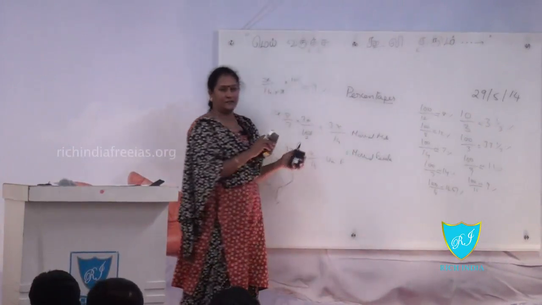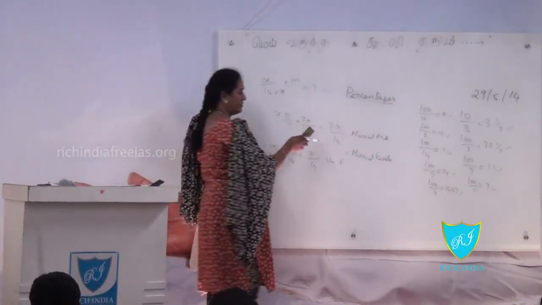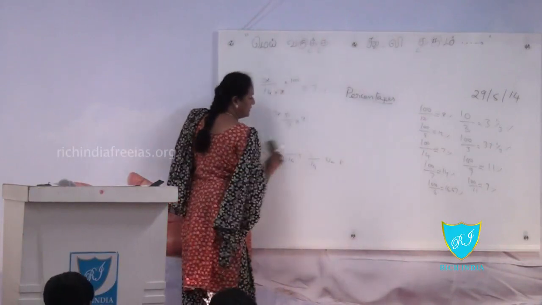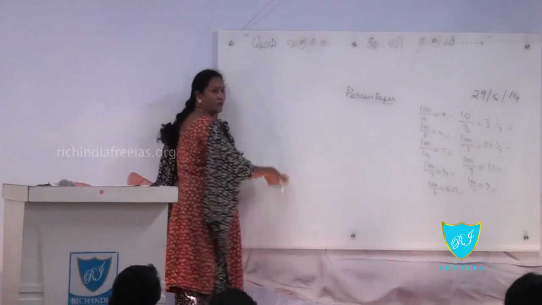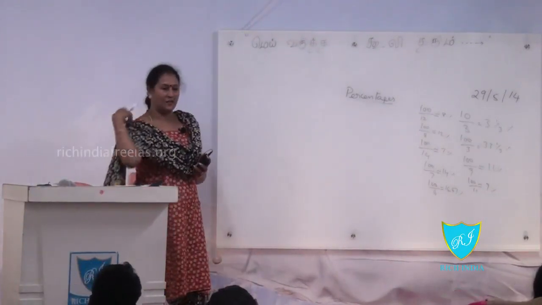So I'll erase this. So for the 18th question, the answer is 33 1 by 3.